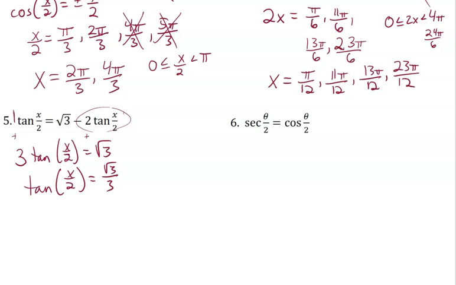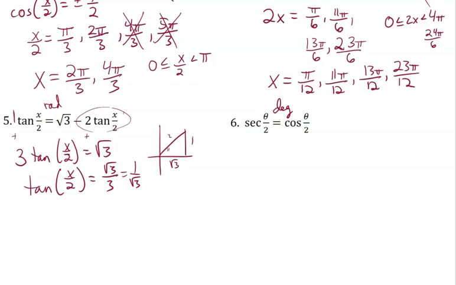And then we need to figure out what is the reference angle where that's true. So tangent of what angle, and x is in radians here, tangent of what angle in degrees is equal to root 3 over 3, or 1 over root 3. This is the same thing as 1 over root 3. So tangent is opposite over adjacent, so 1 over root 3.